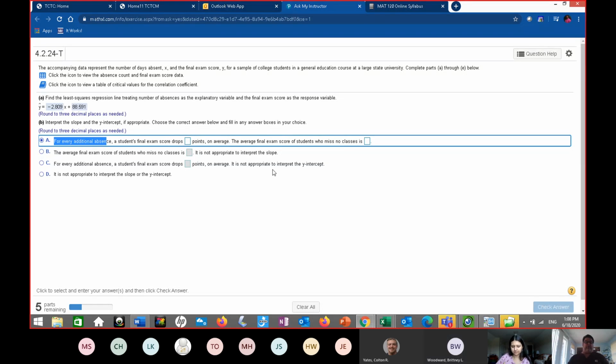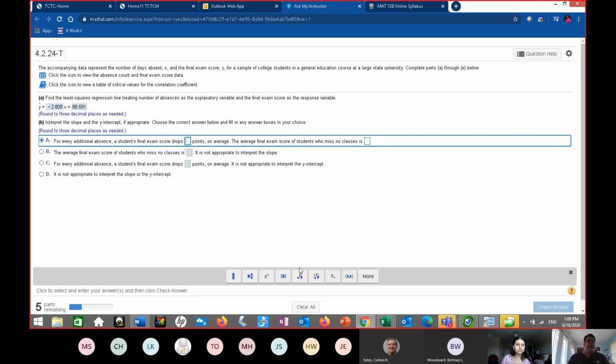Well, let's ask you this. If the y-intercept is 88, that means if you don't have any absences, you're going to make an 88 in the class. Is that possible? Yes. So which one says that? I think this. Okay, so 2.8.